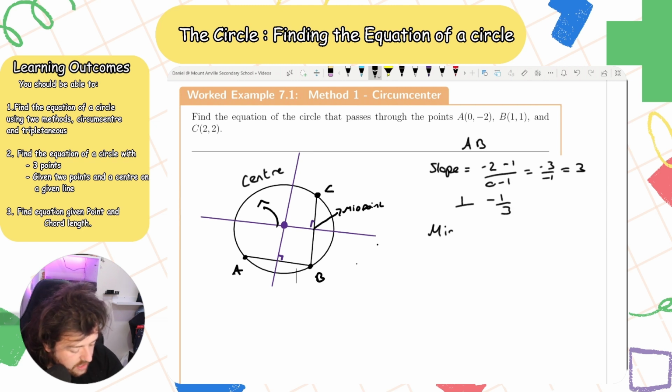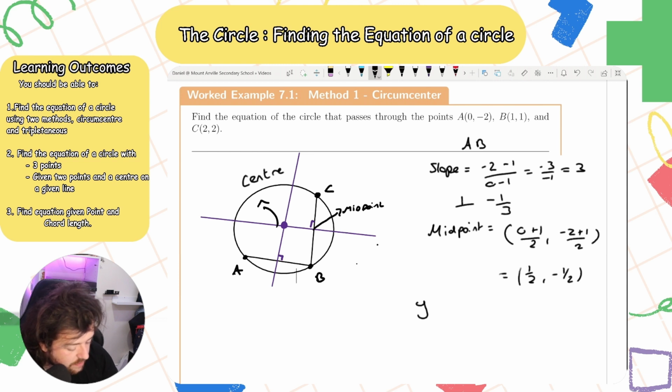My midpoint is (0 plus 1) over 2, and (-2 plus 1) over 2, which is a half and minus a half. Sub it into my equation: y minus y1, so y plus a half, is equal to -1/3 times (x minus a half).